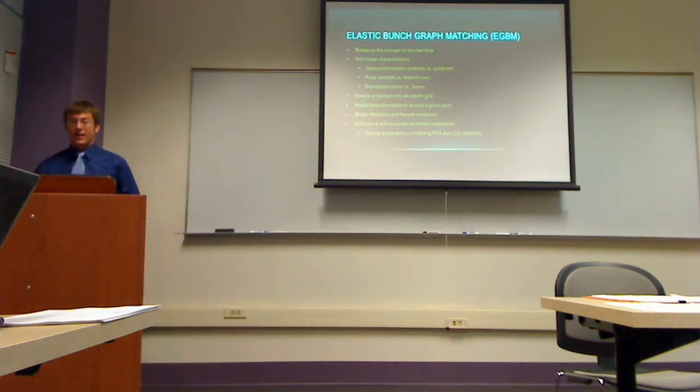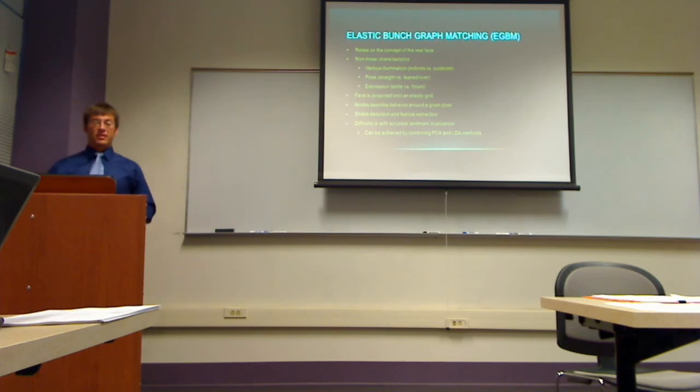And the last is elastic bunch graph matching. This relies on the concept of the real face. There are non-linear characteristics such as various illumination, whether the picture is indoors or outdoors, the pose of the individual, whether they're standing straight or leaned over, as well as the expression of the individual, if they're smiling or frowning or something else.